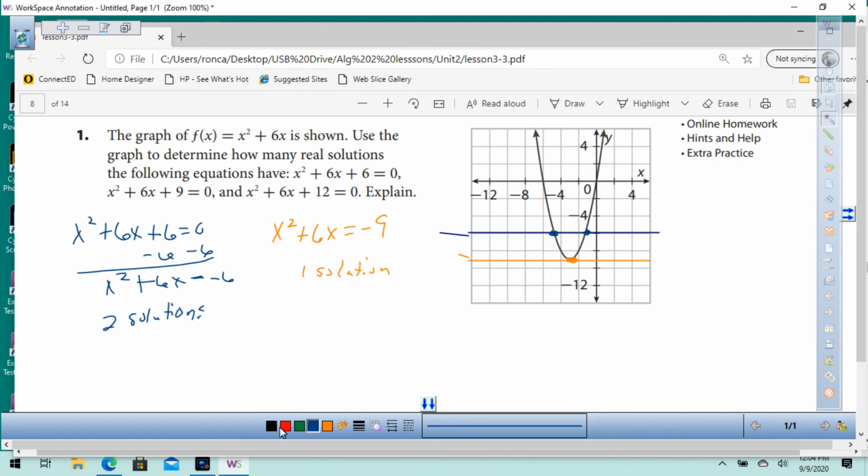And let's try this last one here. x squared. We're going to subtract 12 from both sides. We get x squared plus 6x equals negative 12. So let's draw us a line on negative 12. And you'll notice it does not touch the graph at all, so there are 0 solutions.